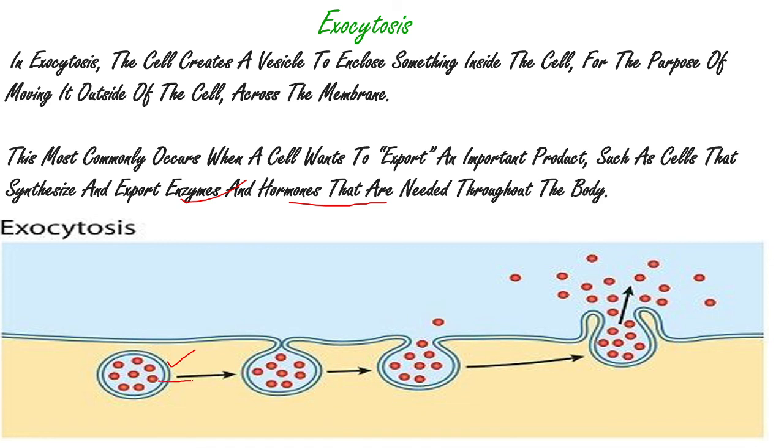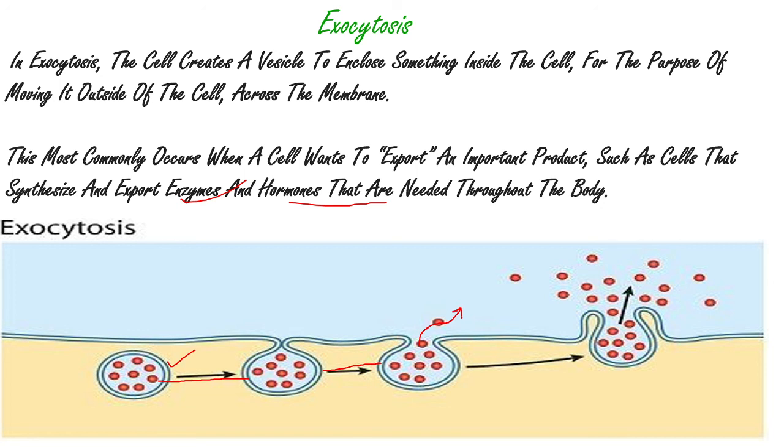These vesicles are transported to the plasma membrane where they get fused, and in the next step the plasma membrane opens in such a way that it transfers these molecules outside the cell.